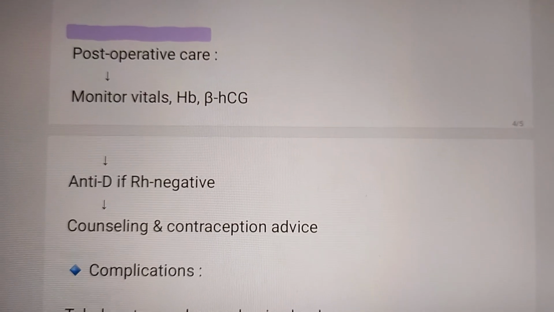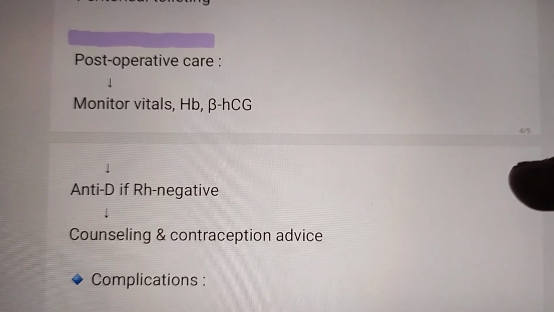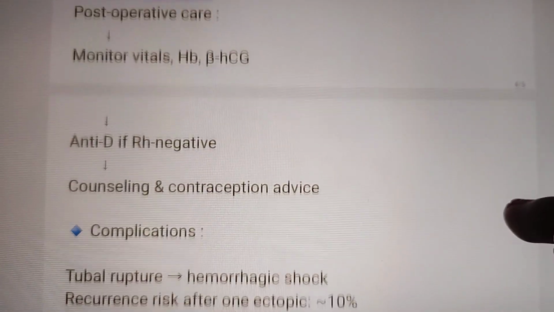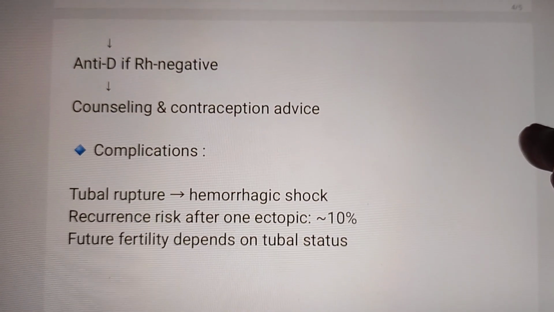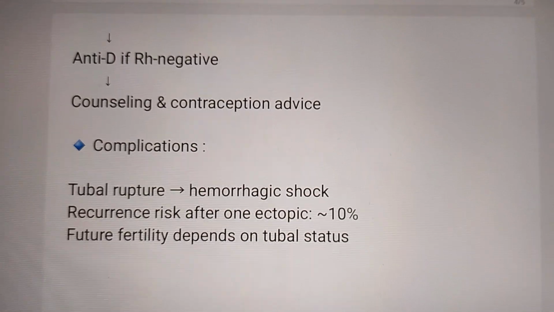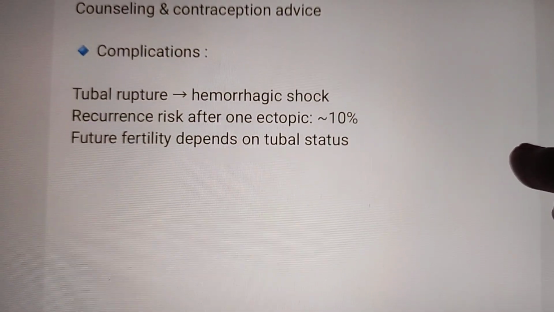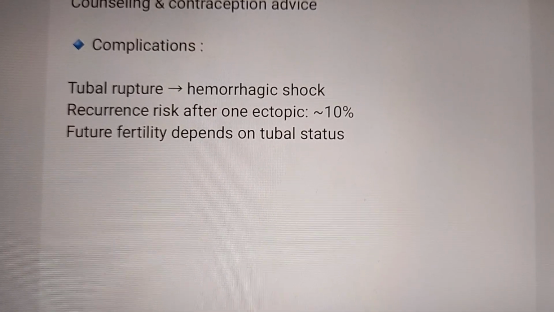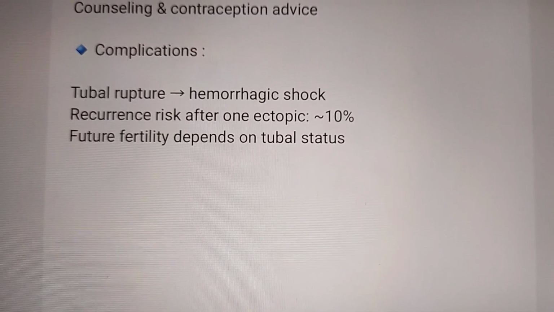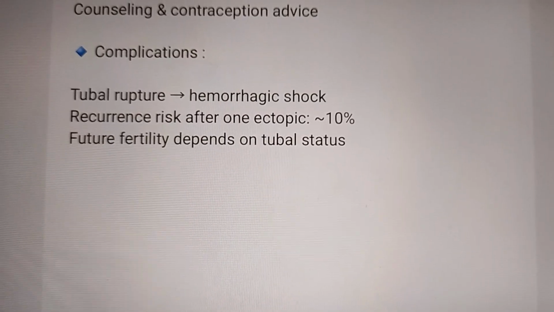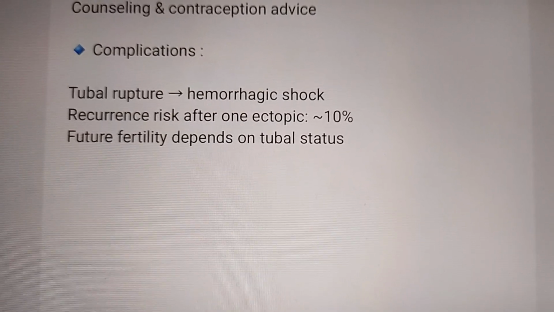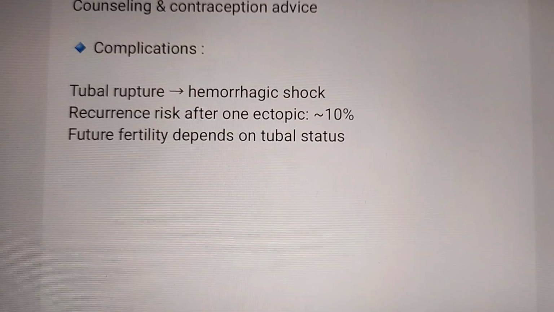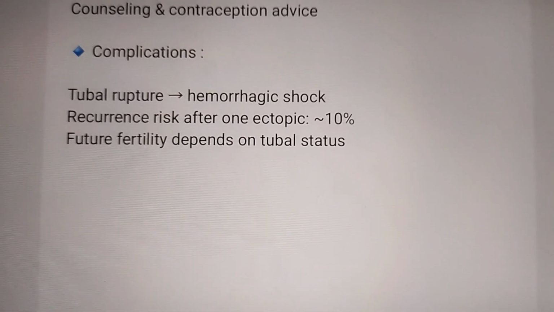We monitor the vitals, hemoglobin and beta HCG. In case of Rh negative pregnancy, we give anti-D, and then we do counseling and contraceptive advice. There are some complications, like in case of tubal rupture, the patient can go into hemorrhagic shock. Recurrence risk after one ectopic is 10%, and future fertility depends on the tubal status.